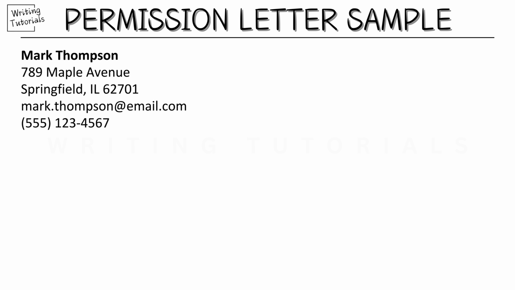Notice that it includes the writer's full name, address, email, and phone number. This makes it easy for the recipient to know exactly who's contacting them and how they can get back in touch. Adding all this information right at the top makes your letter look professional and ensures there's no confusion about the sender's identity.